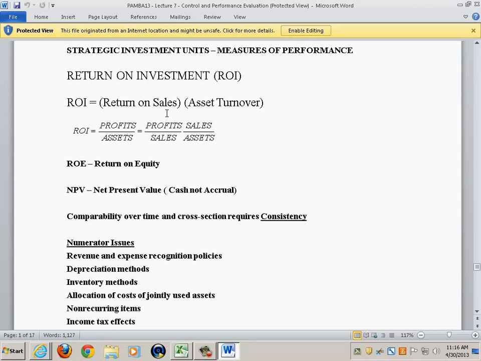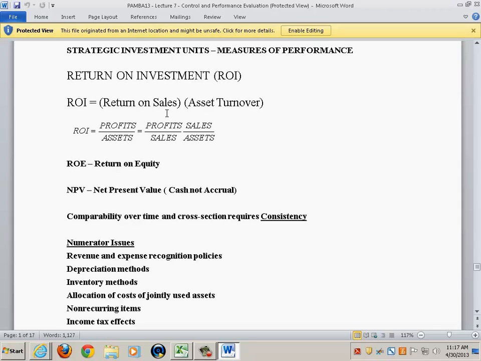How much profits do you return on sales? And if you multiply profit over sales by another ratio, which is sales over assets, which is called the asset turnover. What is the capacity of the assets to produce sales?